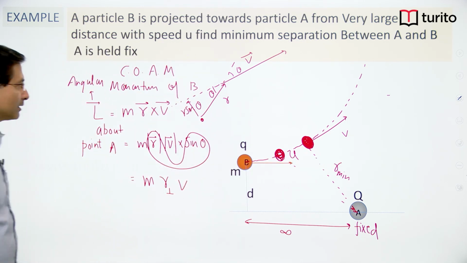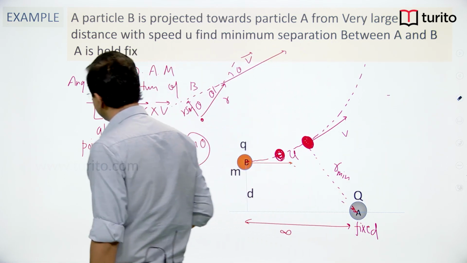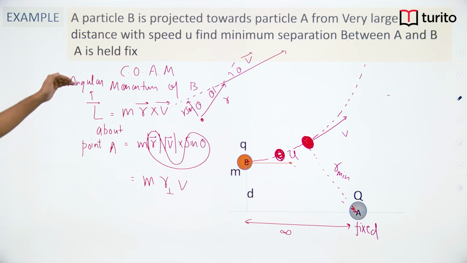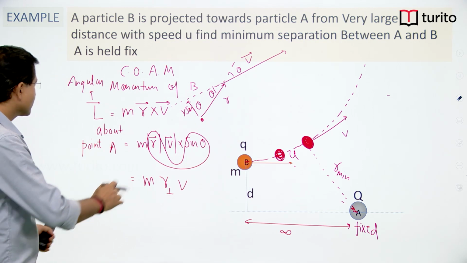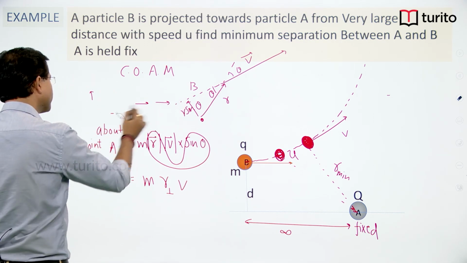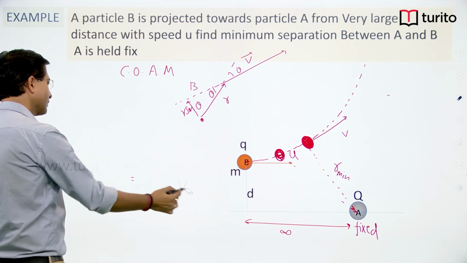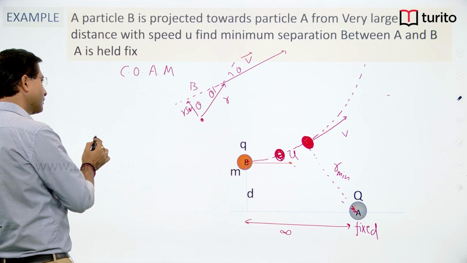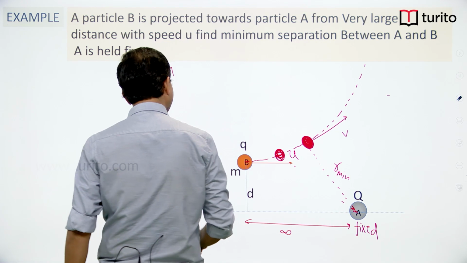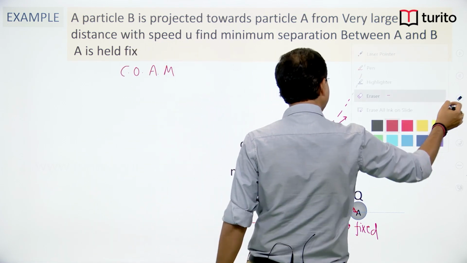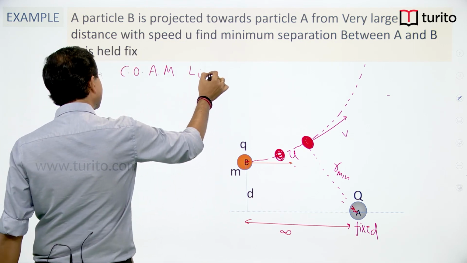So, for the initial angular momentum, I hope this point is clear, you must have learned this in rotation, right. So, I am using this one. Initial angular momentum is equal to final angular momentum.